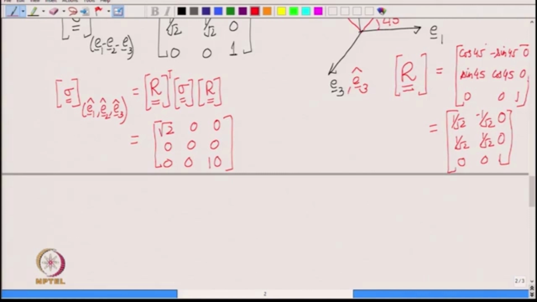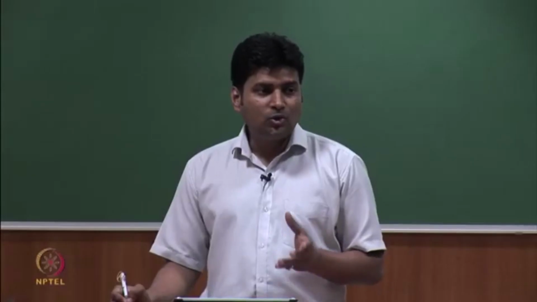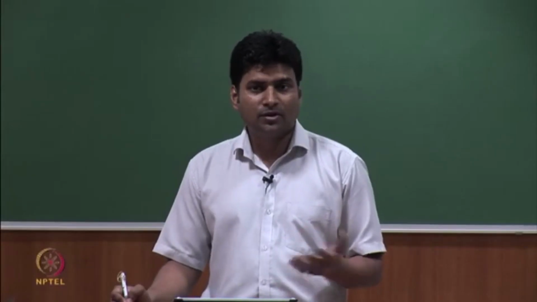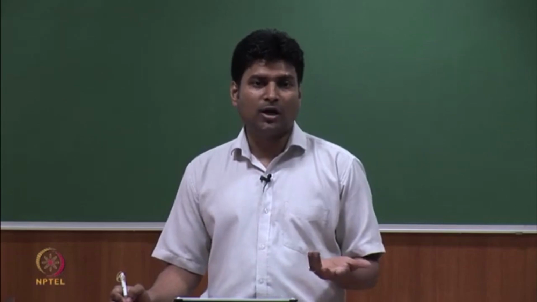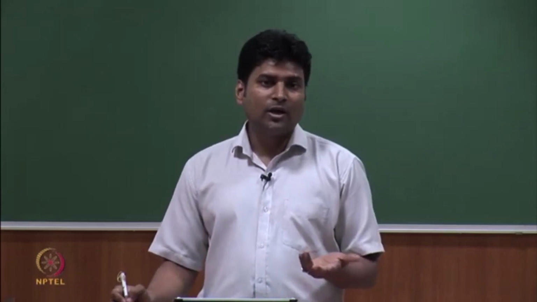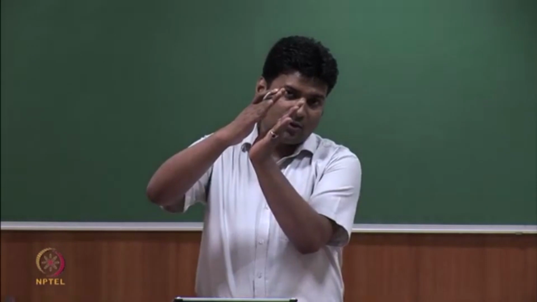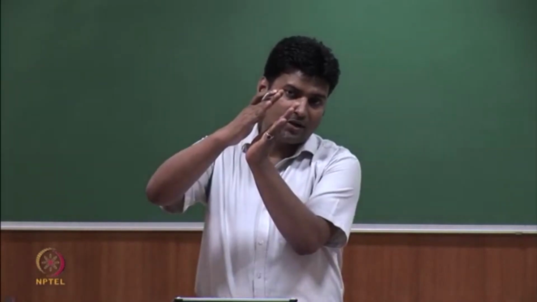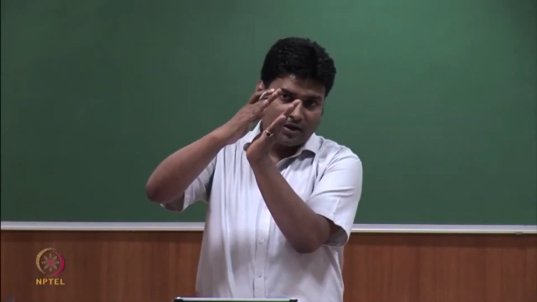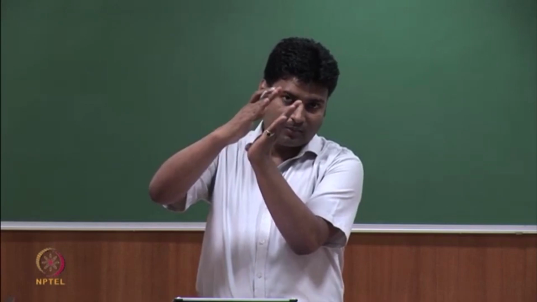What is the meaning of this matrix? It tells us, see, the second column is all 0. That means the traction on the E2 hat plane is 0. There is no traction on the E2 hat plane. So, if you look at two sections whose normals are along E2 hat and minus E2 hat, there is no traction between them.